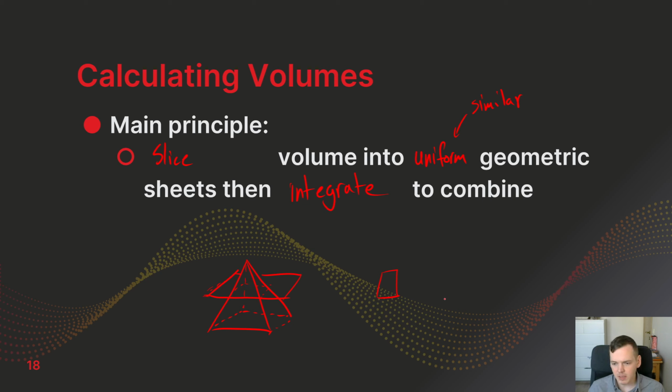Or imagine a half of a cone sort of shape, where each of these vertical cross sections are semicircles. So you can imagine that would look something like this. And so each of those slices is semicircles. So always think about slicing it like a loaf of bread, and what do those bread slices look like?